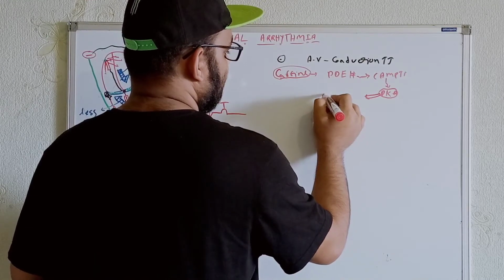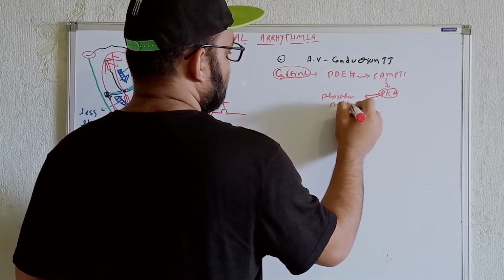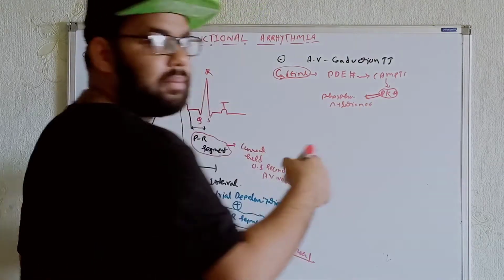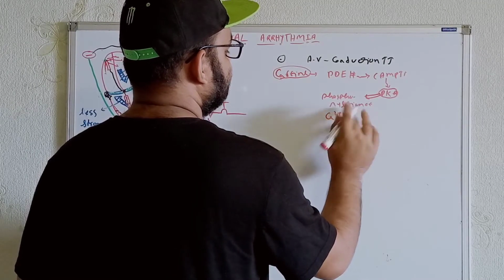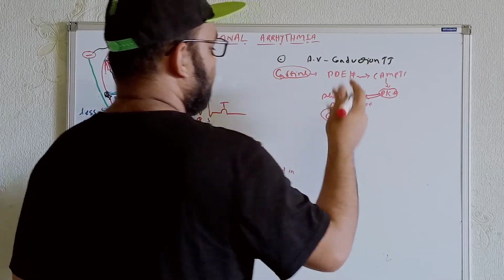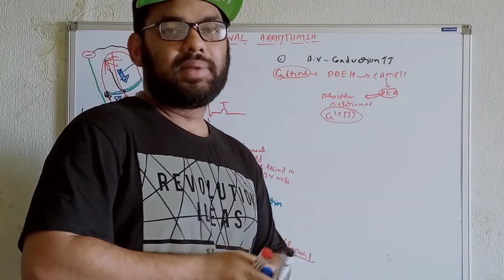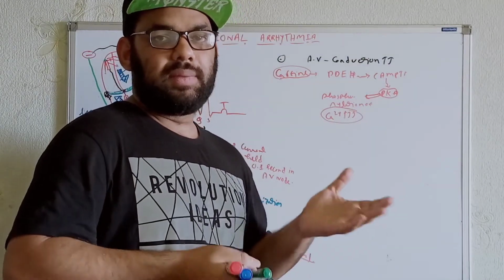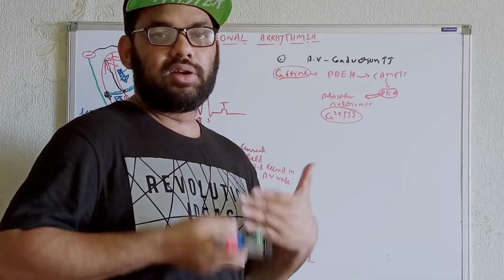Whenever the calcium channel is phosphorylated, an extra amount of calcium will come in, so the depolarization will be very fast. Whenever the depolarization is very fast, the conduction velocity within the AV node will be faster.